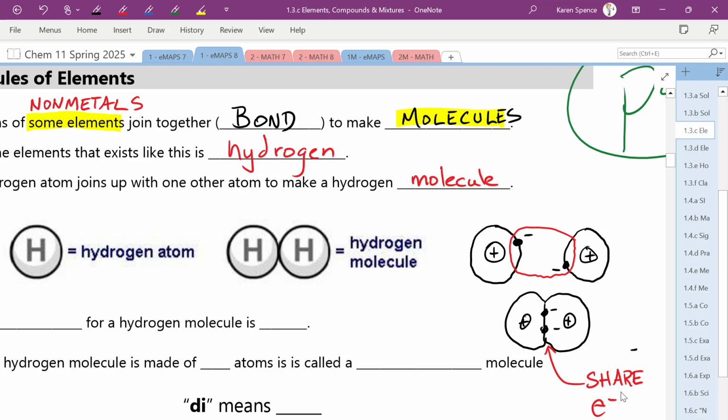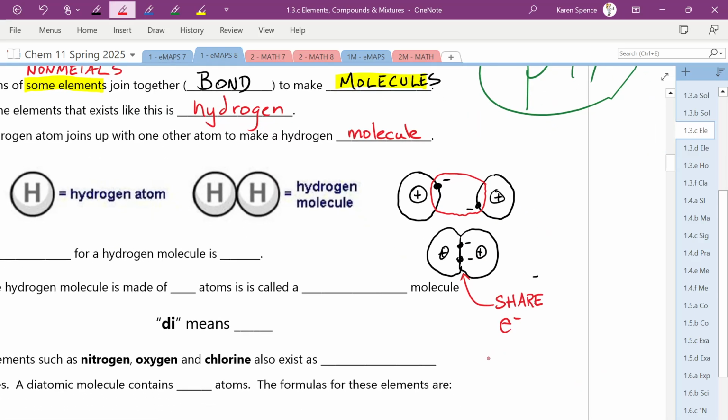What kind of a bond do we have if we are sharing electrons? Do you guys remember that? Covalent bond. So if we're sharing electrons, that is a covalent bond. And I'm just going to mention this now.